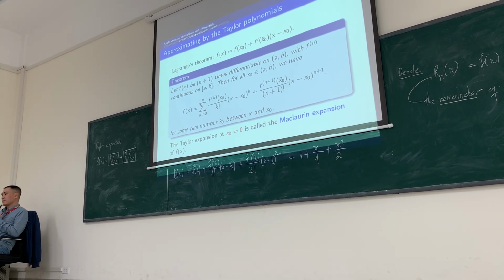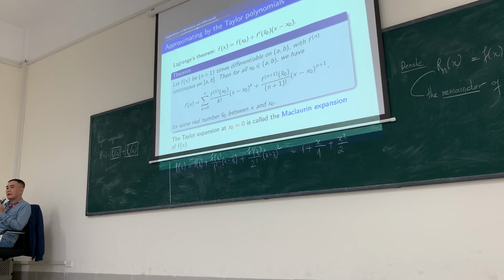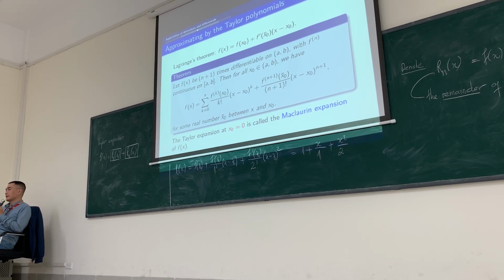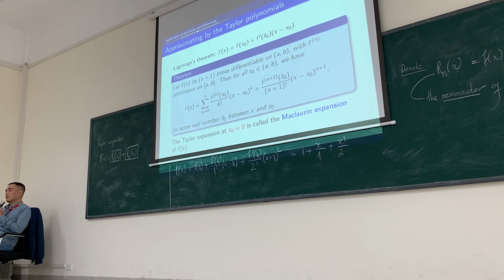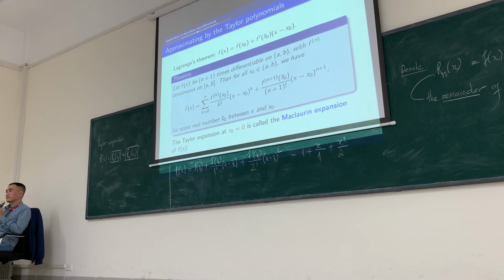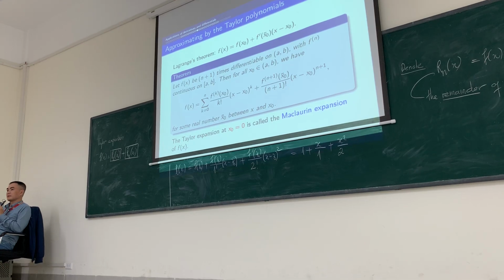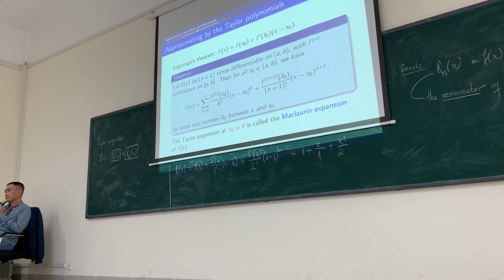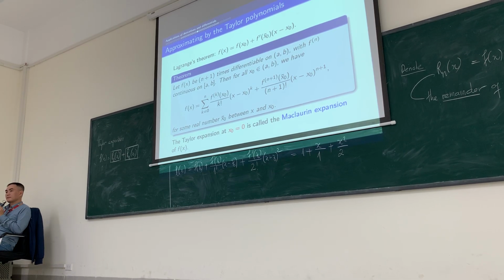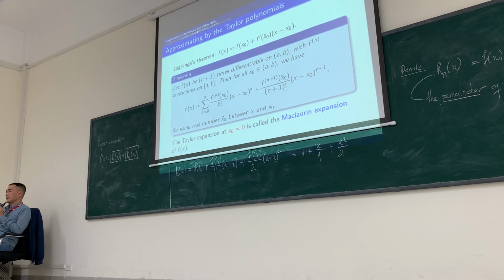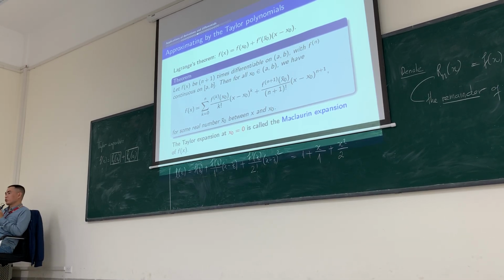Khi đó với mọi x0 chúng ta có f(x) sẽ biểu diễn ra như ở trên, trong đó x0 là một điểm gì đó nằm giữa x và x0. Và biểu diễn này người ta gọi là khai triển Taylor hay là Taylor expansion.